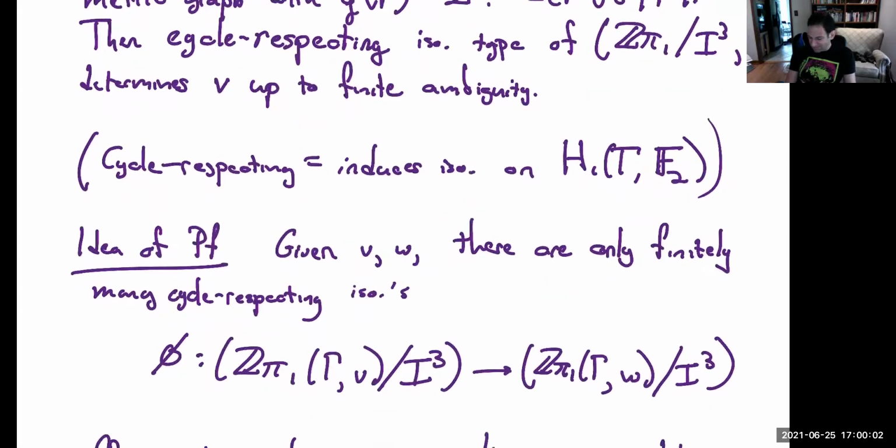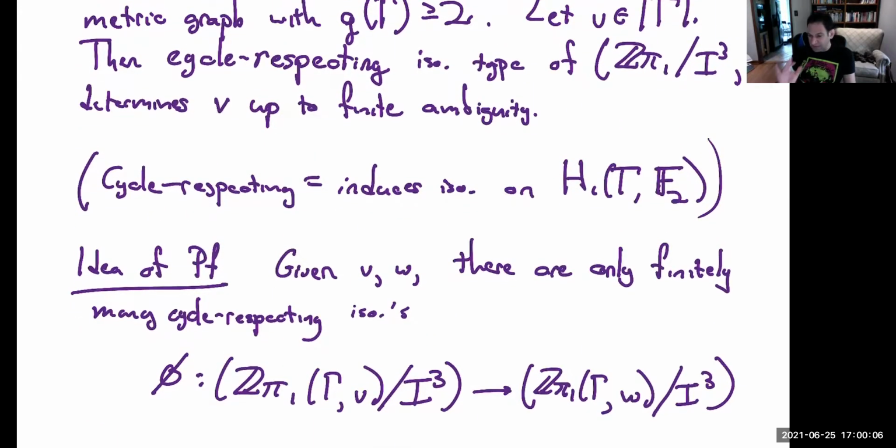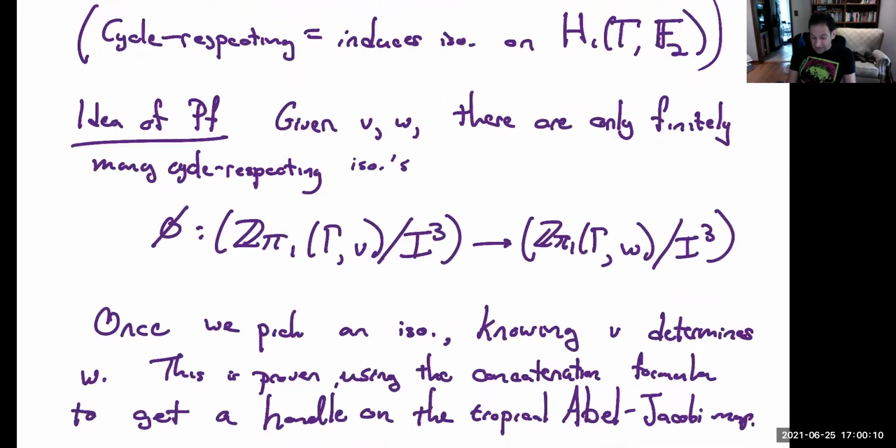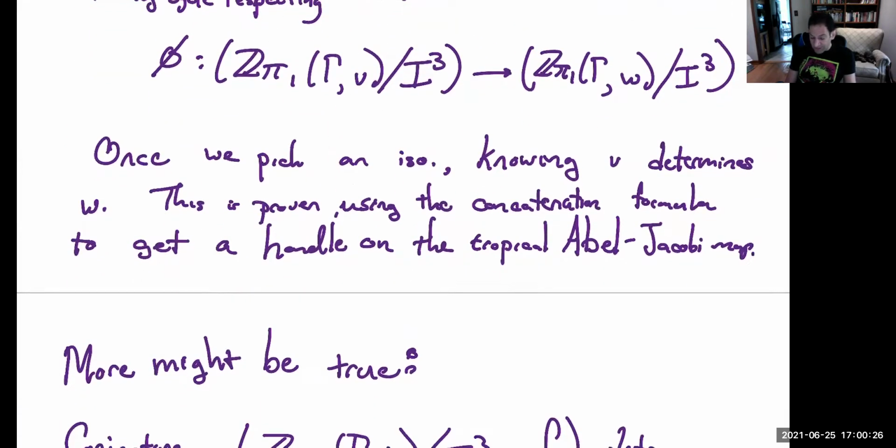And the weirdness of this statement is what I have to do to deal with the issues of 2 isomorphism. And the idea is given base points V and W, there's only finitely many cycle respecting isomorphisms between these algebras. And then once we pick an isomorphism, knowing V on this side and the isomorphism determines W.